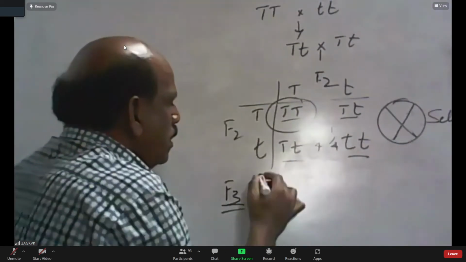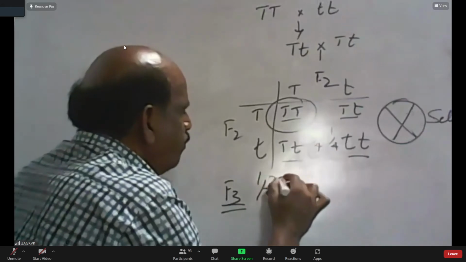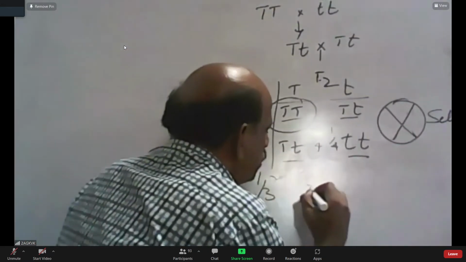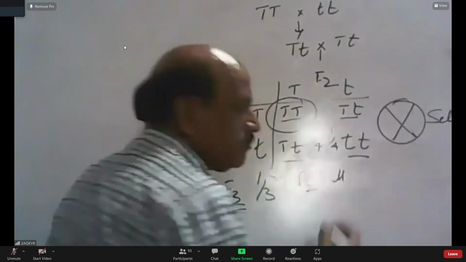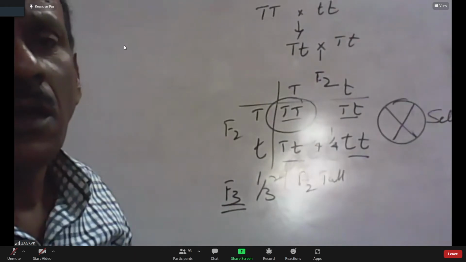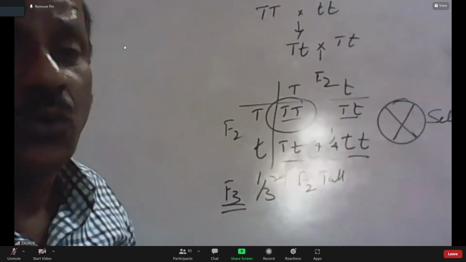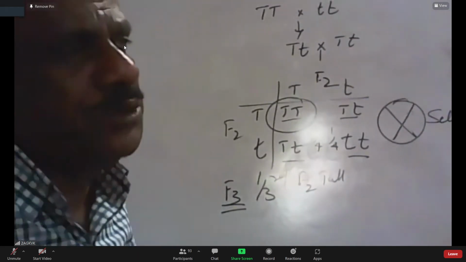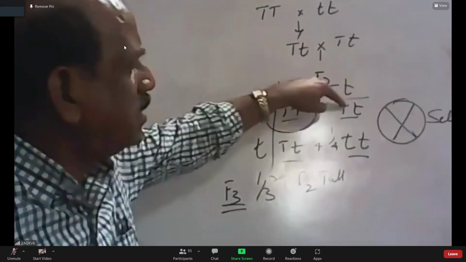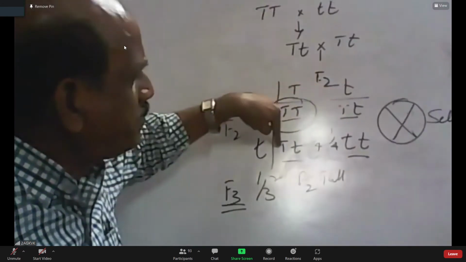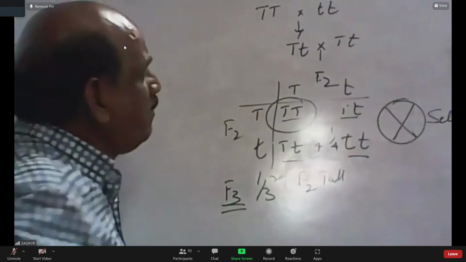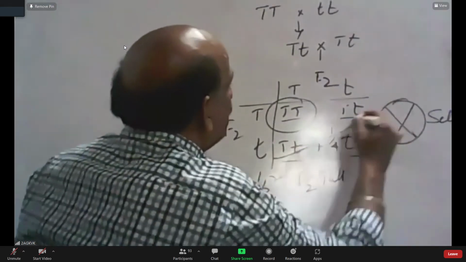What he found was one third of the F2 tall plants were observed to breed true. 2/3 of the F2 tall plants segregated and behaved as if they were F1.